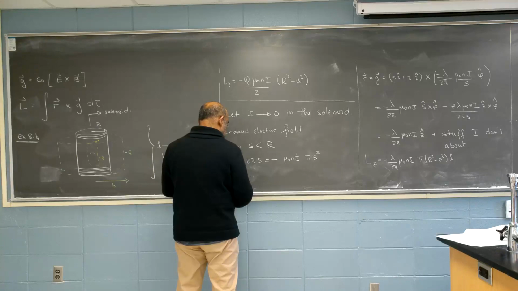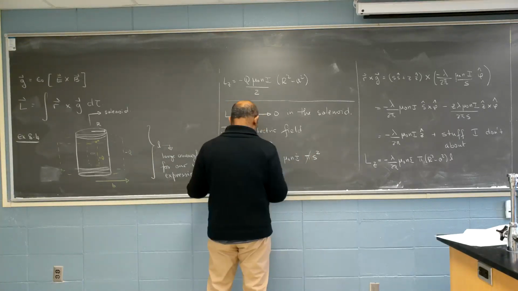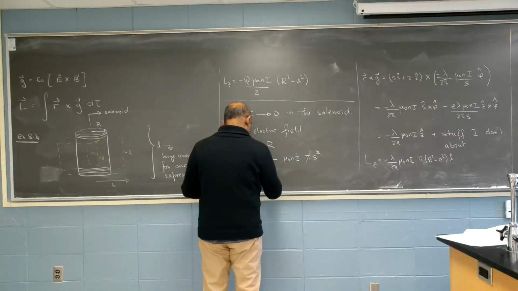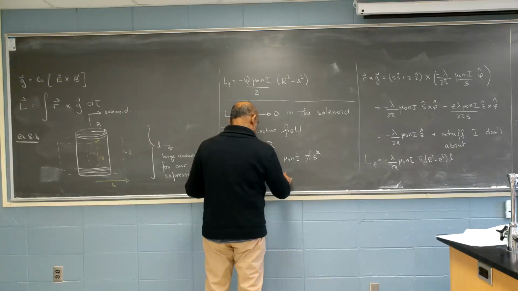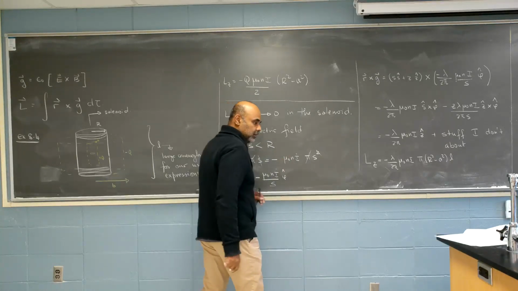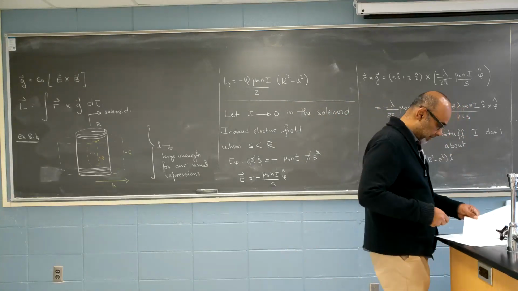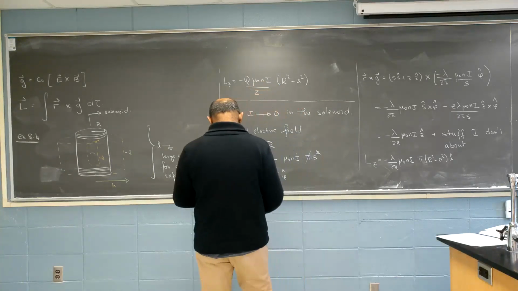This is, of course, induced. What can I do? I can cancel this, cancel that. I get minus mu 0 n I dot over s phi hat. Make sure that is true. Minus, oh, there's a 2.